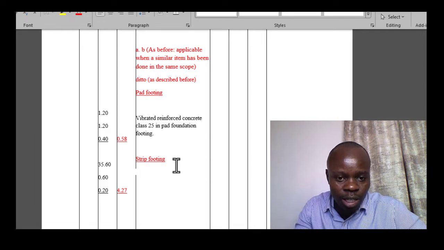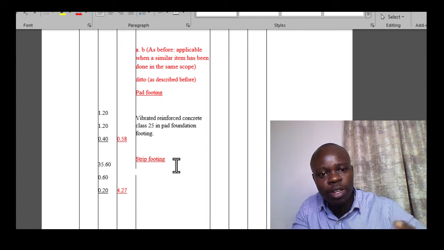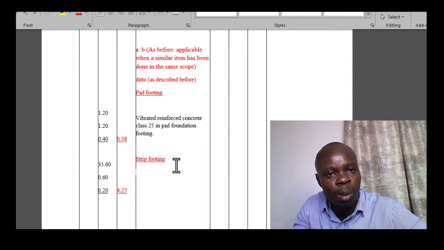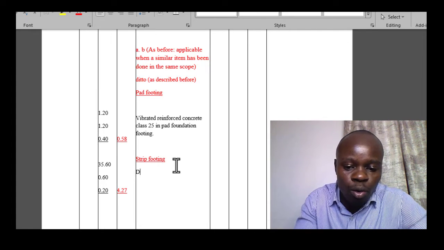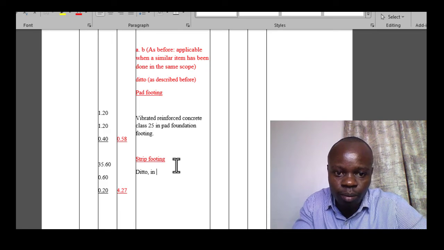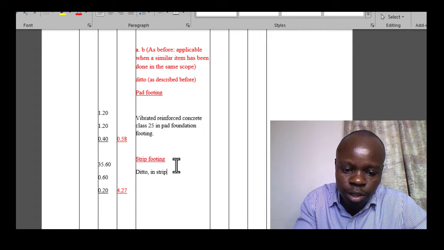So after this, you realize that now the same description should be adopted for the strip footing in terms of the specification of the concrete that you are to use for this particular strip footing. But then you don't have to repeat every word of the previous description. Instead, you use ditto, comma, in strip footing.